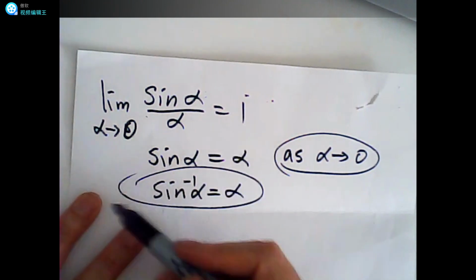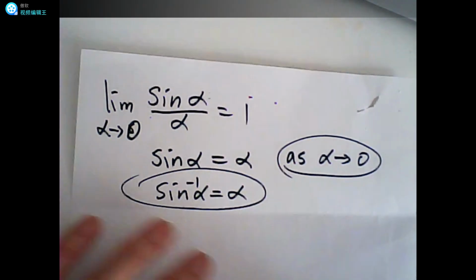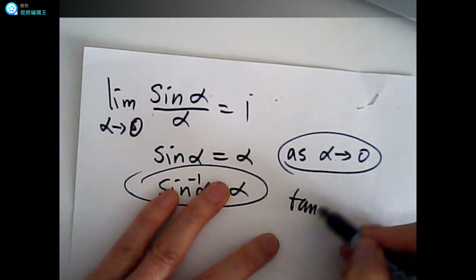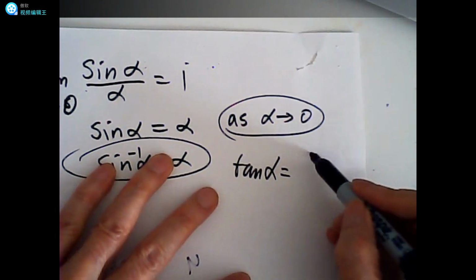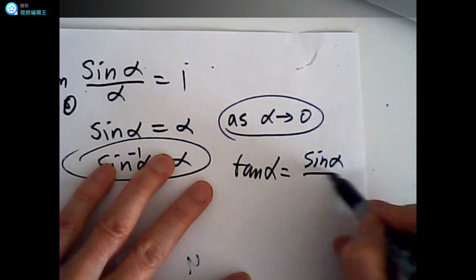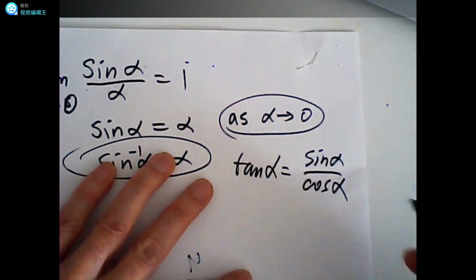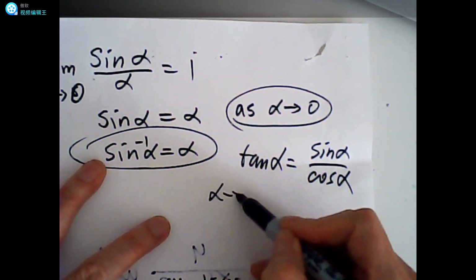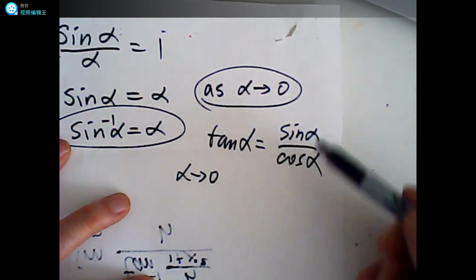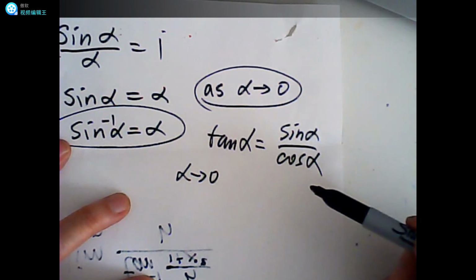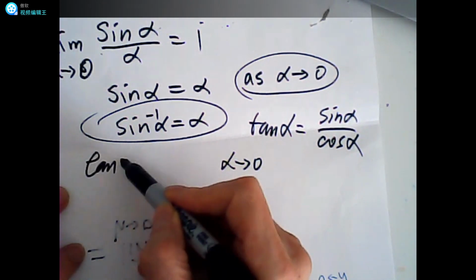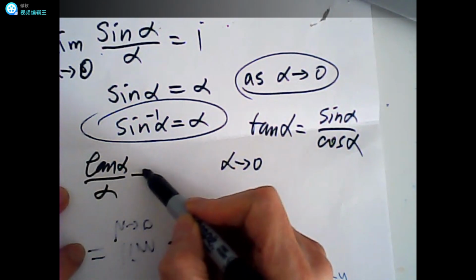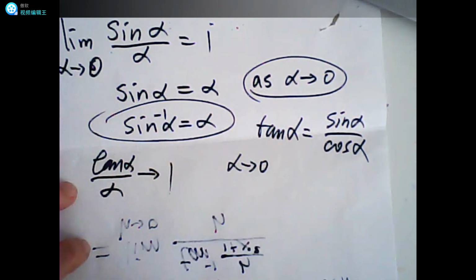I'll repeat it many times, right? So now, tangent alpha is equal to sine alpha over cosine alpha. As alpha goes to 0, don't you think tangent alpha over alpha goes to 1, right?